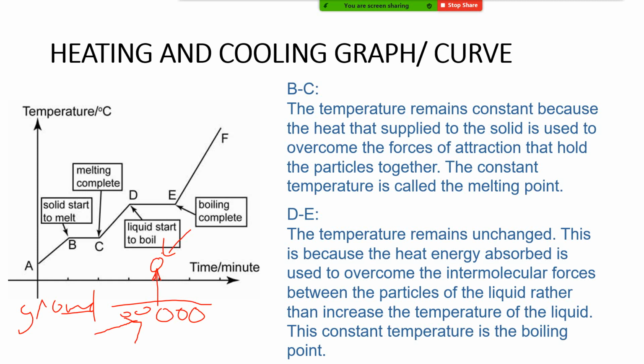So you can write, at this point, we're talking about from A to B now. I mean, not A to B, from B to C rather. So at this point, there is no increase in the kinetic energy. Hence, the temperature will remain constant.